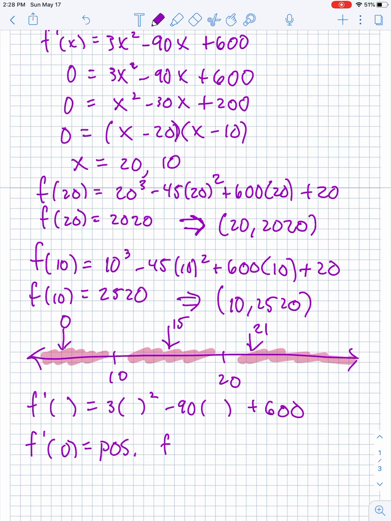Put 15 in there. Let's see. 3 times 15 squared minus 90 times 15 plus 600. Negative number. And then 21, you get a positive.